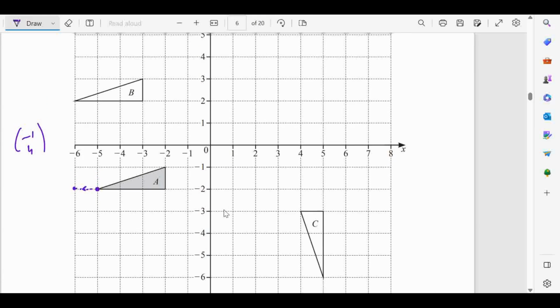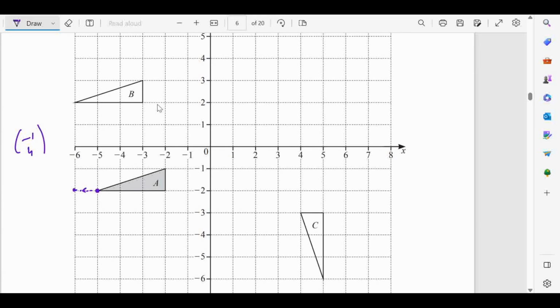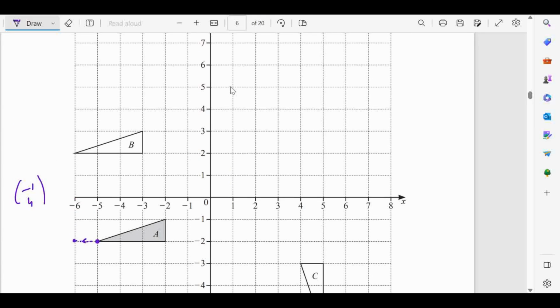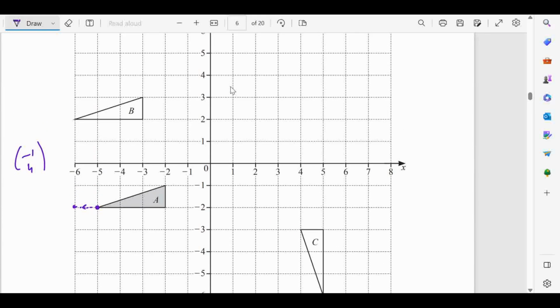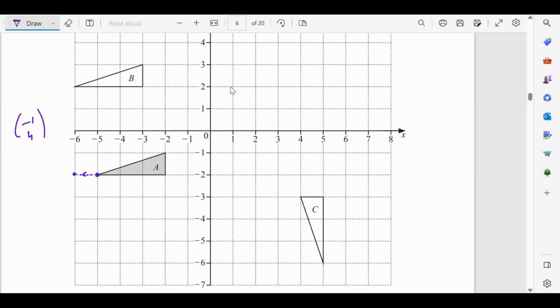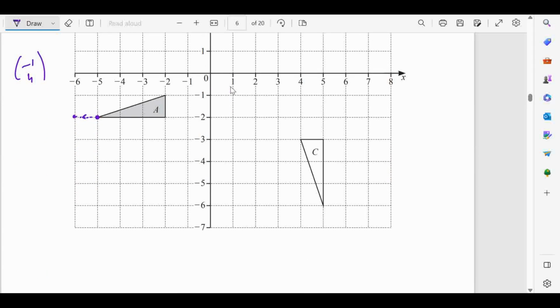Now whenever they ask you to describe a transformation, please keep this in your mind, that first of all we need to see whether it is enlargement or not. Now we can see that in this case A is the object and C is the image, so it is not enlargement because these two shapes are the same.